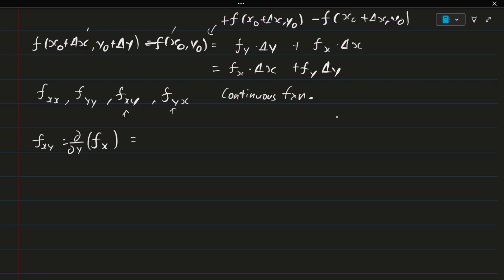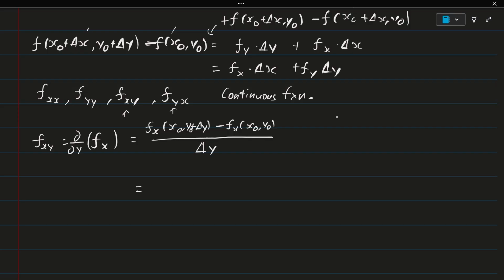If we try to write the definition, this is going to be f_x at x0, y0 plus delta y, subtract that by f_x of x0, y0. So this is something which you could get straight away, and taking the limit as delta y goes to 0. Now, what exactly is f_x? f_x is just the derivative with respect to x.